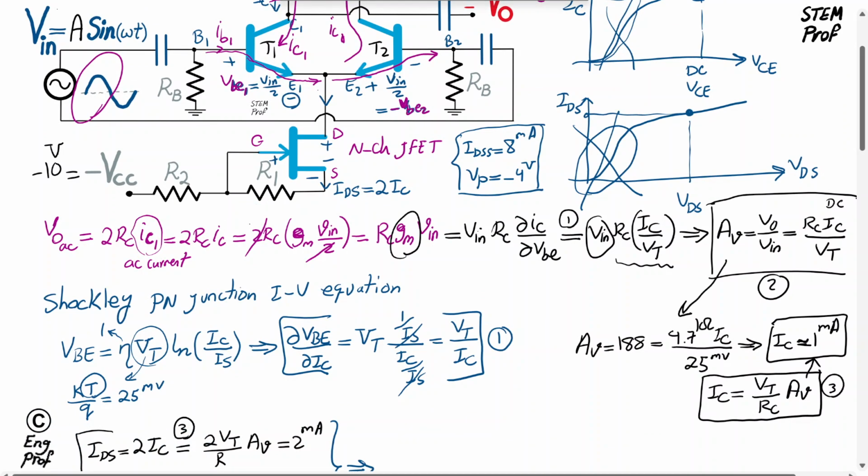There is no current going through the gate of the JFET because it's effectively open, infinite impedance relatively speaking. All the DC current through R1 and R2 would be in series. So there is an IDS of 2 Ic, which is 2 milliamp, going through these two resistors.